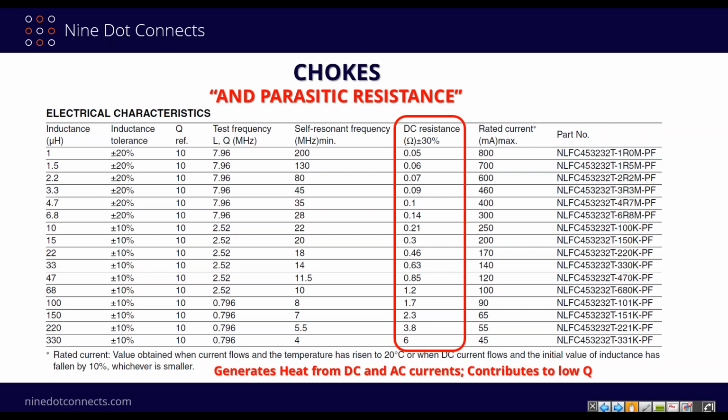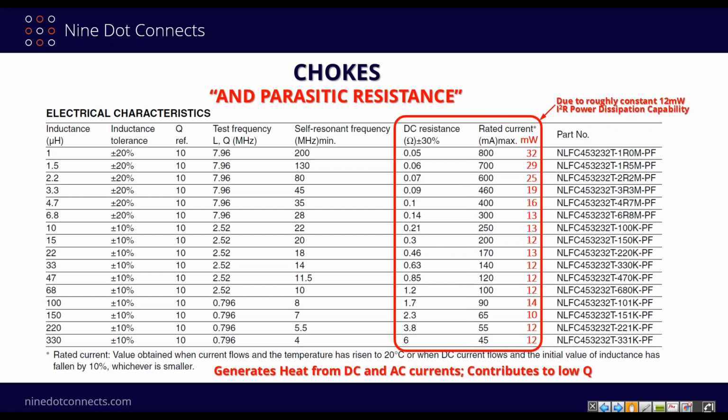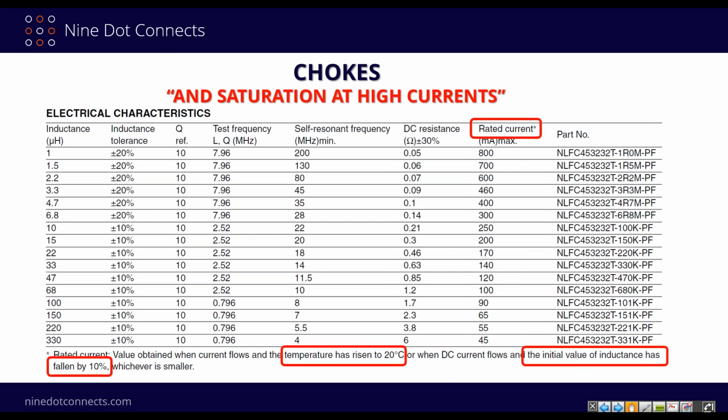Notice that there is also a rated max current in milliamps. If you combine those and take a look and see how much actual dissipation capability that relates to, you'll see it looks to be about 12 milliamps, all due to that I squared R loss. And it's a little different down at the very lower one because they're doing some things slightly differently. So how do they define rated current?